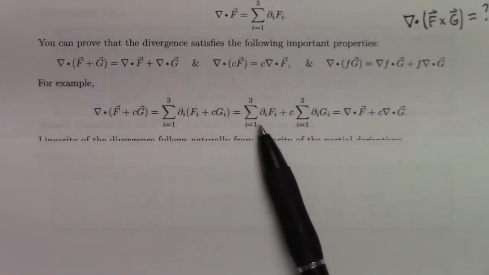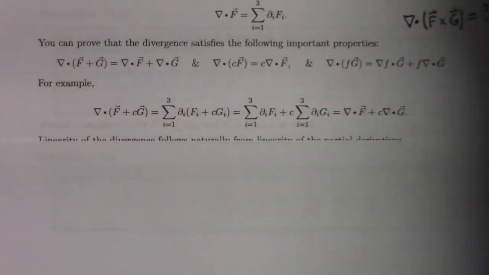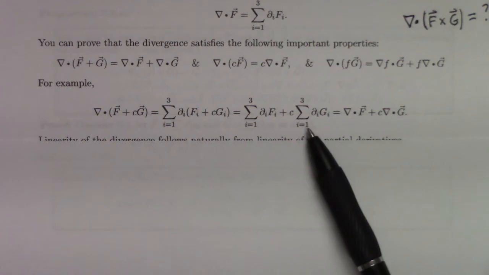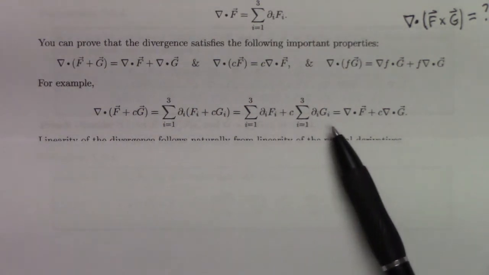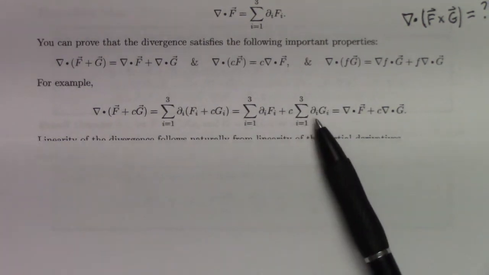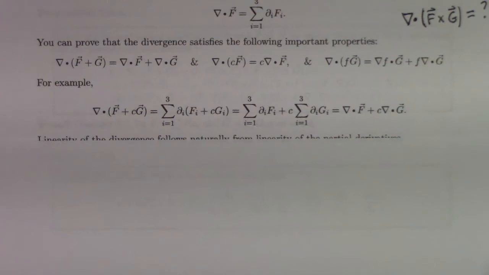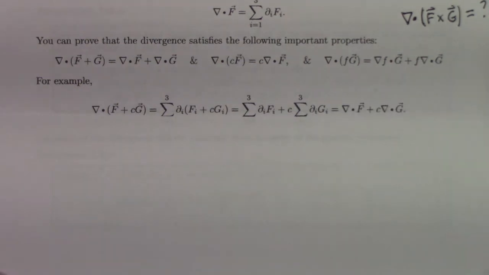But then, by properties of finite sums, I can break up the finite sum into the sum of the sums and pull out the constant, and then that's exactly the divergence of f, and that's the divergence of g vector, right? And so there's that linearity of the divergence.